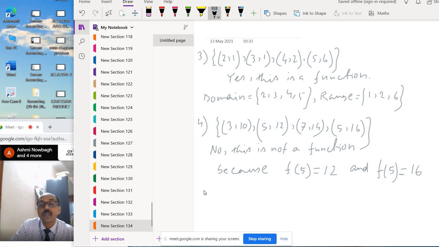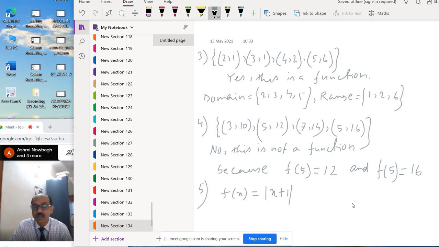Okay, next. See, one more question, short type. f(x) equals mod of (x plus 1).